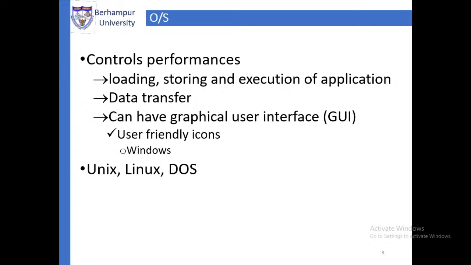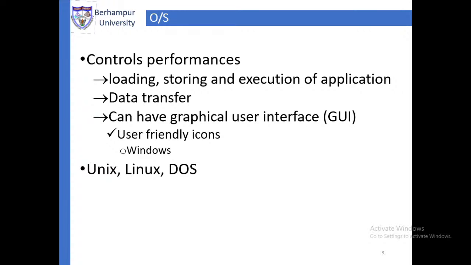So these are the three basic controls. Now these three require data transfer from input to the memory, or from memory to storage, or from memory to the CPU, or from storage to the memory to the CPU, or from memory to the output. So data transfer is controlled based on the operating system or operating software.